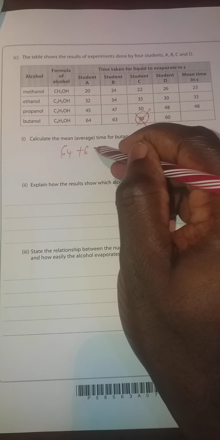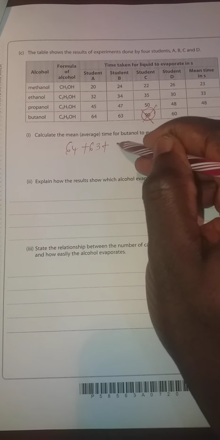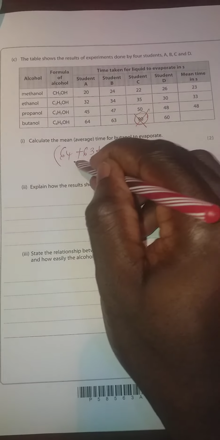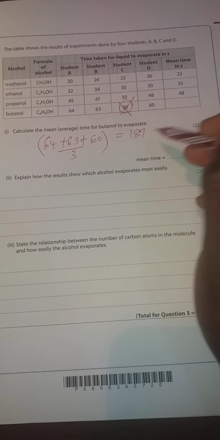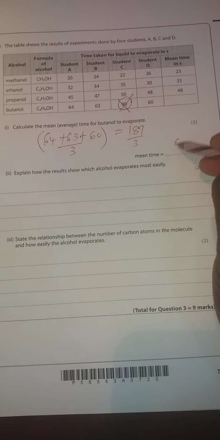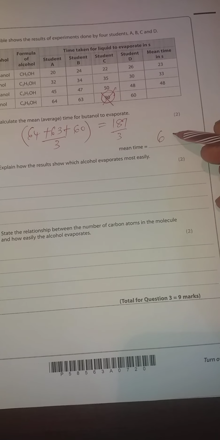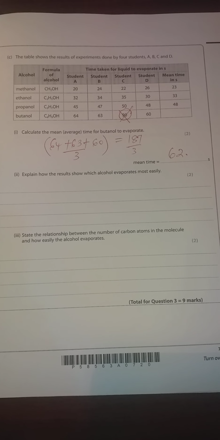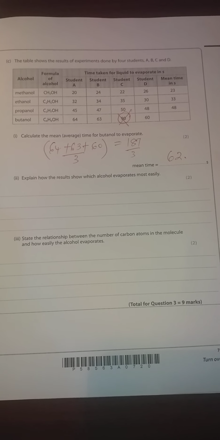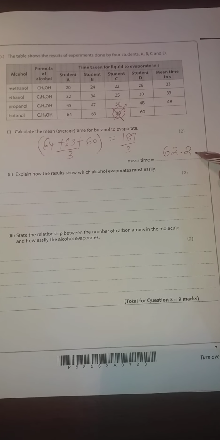So to calculate the average, we are going to have 64 plus 63 plus 60. Then we are going to divide by what? We are going to divide by 3. So that is going to be 187 divided by 3. That is going to be 62 remainder what? 62.2.